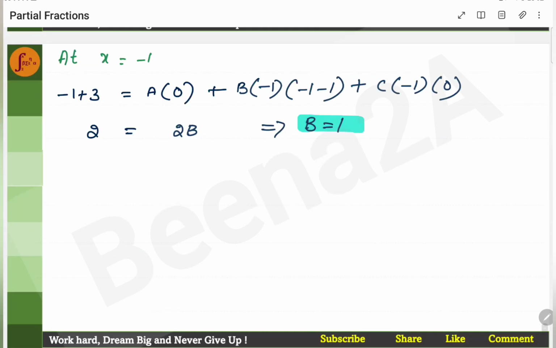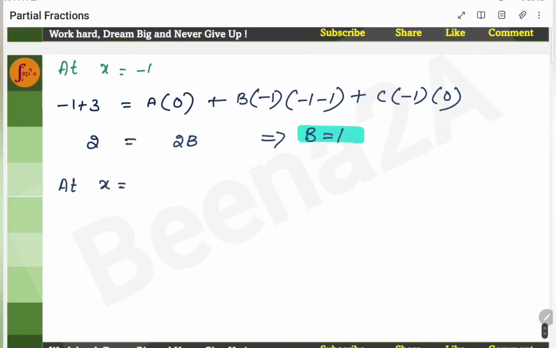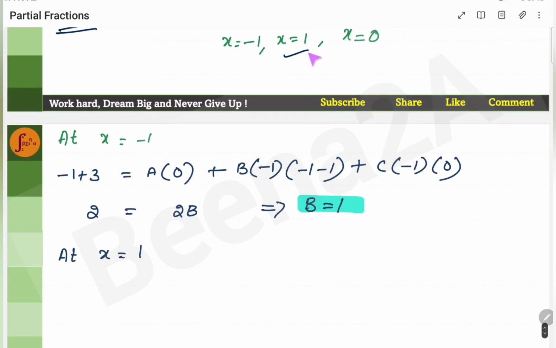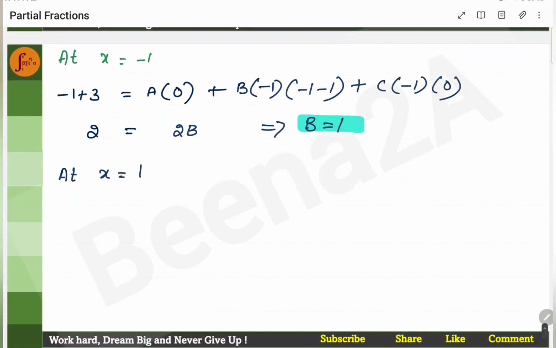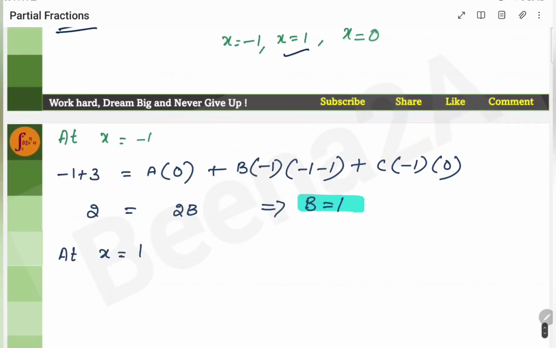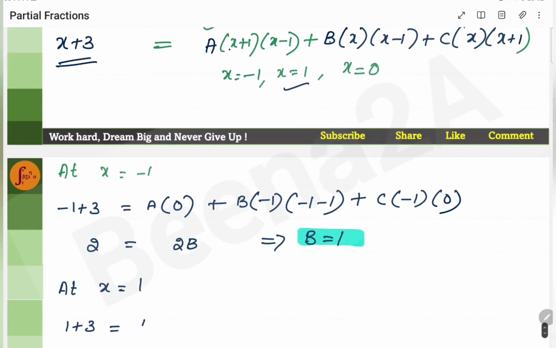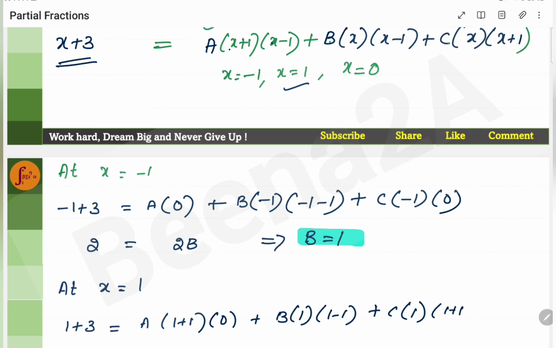Now we'll take the next value of x. At x is equal to, what is the next value? 1. We'll take this 1. So x plus 3, 1 plus 3 is equal to a into 1 plus 1, and it will be 1 minus 1, which is 0, plus b into 1 minus 1, which is 0, plus c into 1 plus 1.